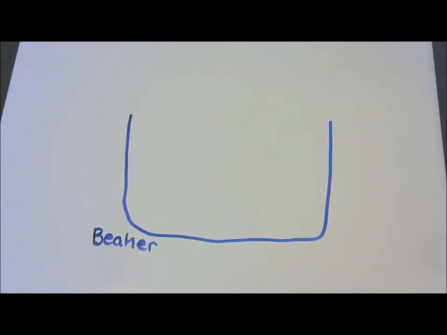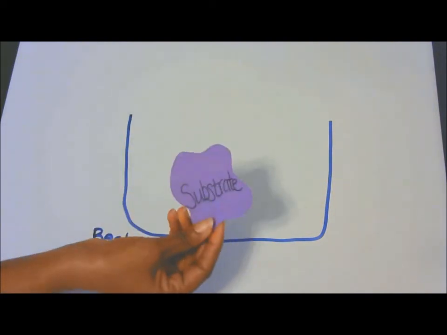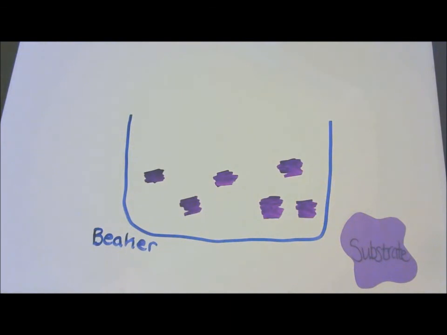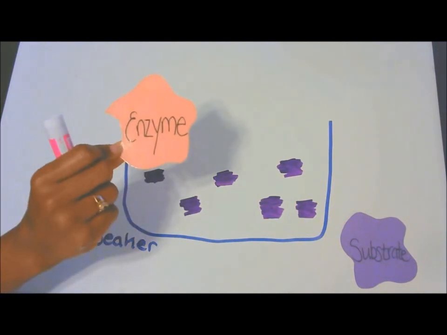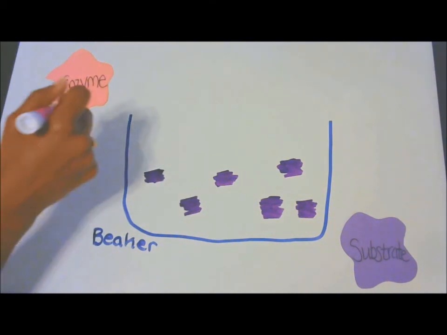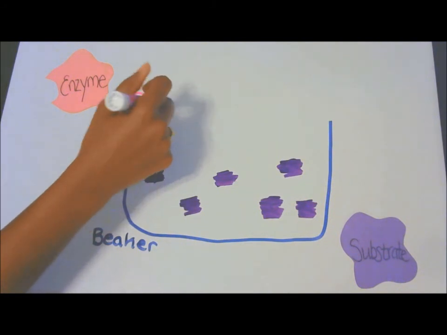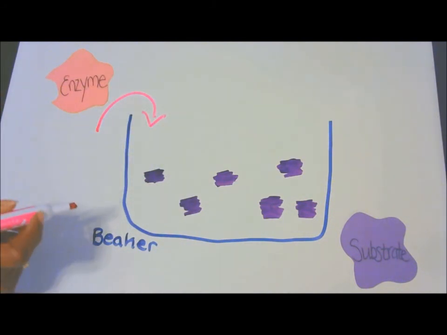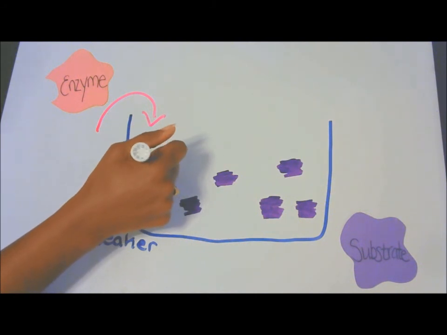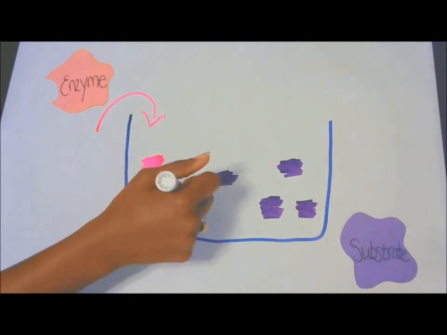So here we have our beaker, and in that beaker we're going to place substrates. Next we're going to add in our enzymes. Now what the enzymes do in the presence of substrates is that they bind and form an enzyme substrate complex.